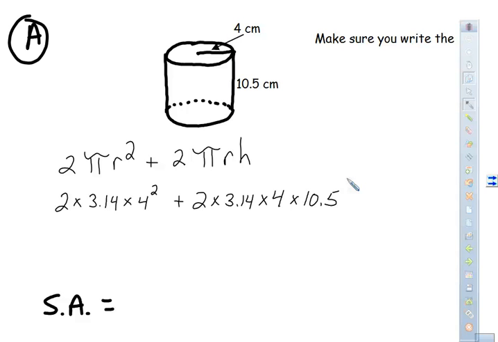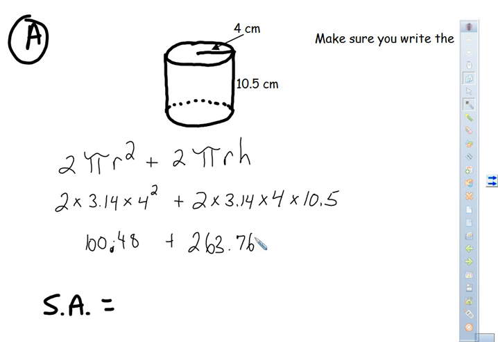Of course, mine's not working right. 2 times 3.14 times 4 squared equals 100.48, plus 2 times 3.14 times 4 times 10.5, and that's going to be 263.76. And do not round anything until the very end.